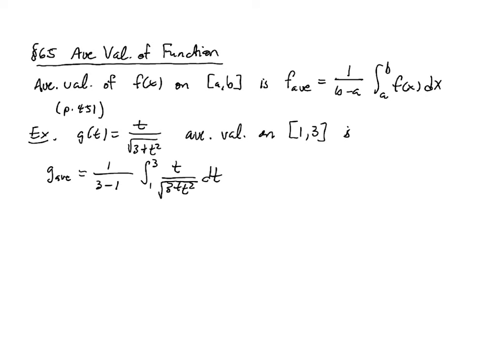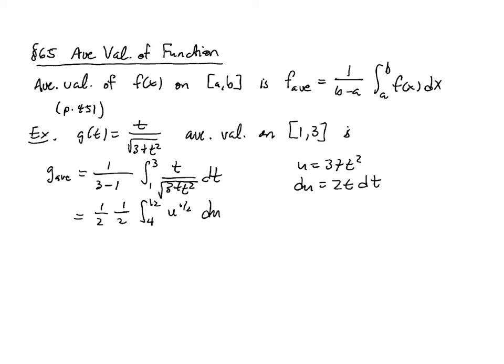dt. And to evaluate this integral, we would use a u substitution. u equals 3 plus t squared, du equals 2t dt. Changing the limits of integration, we have the fraction 1/2 out front, and then in order to make the substitution, I would multiply by another copy of 1/2, integral from 4 to 12 of u to the 1/2 du.